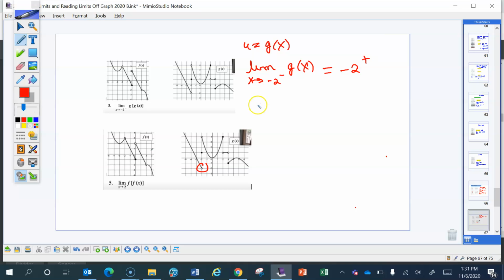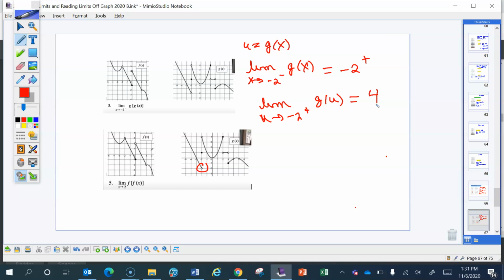So therefore, to find the limit of the outside function, it's going to be the limit as u approaches -2 from the positive side of the outer function, which is again g of u. So as I approach -2 from the positive side, that answer is going to be 4. So 4 would be my final answer there.